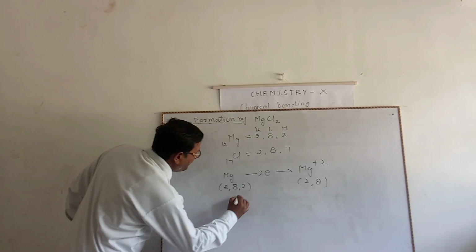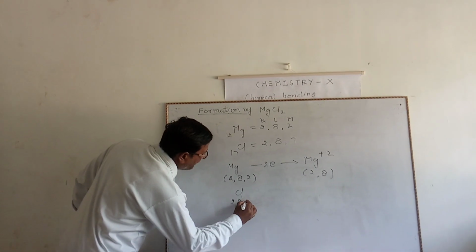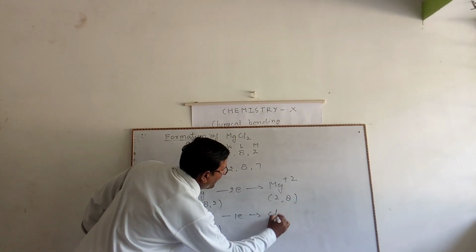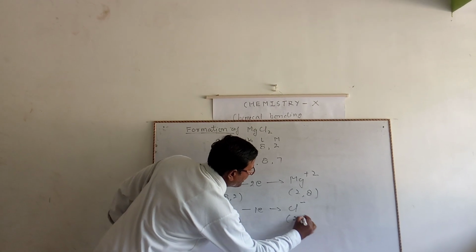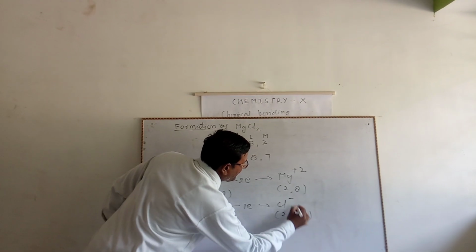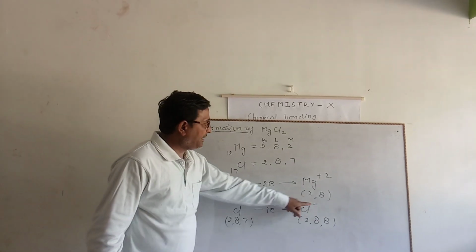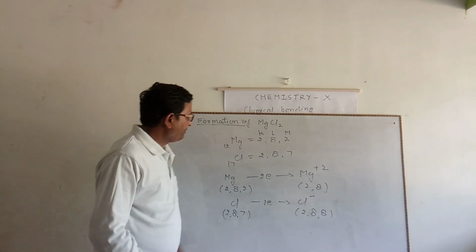Similarly, chlorine, 2, 8, 7, gains an electron and forms the chloride ion, just like the nearest noble gas argon. See the electronic configuration: the chloride ion is just like argon.